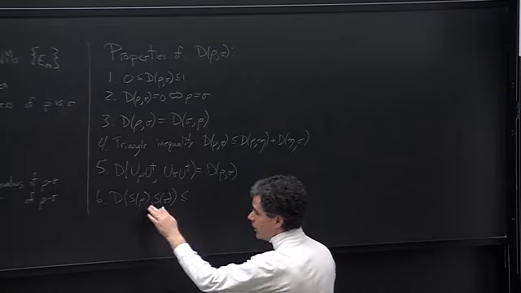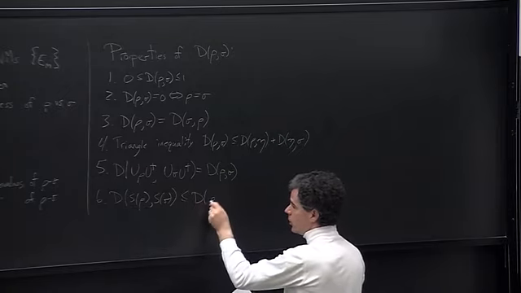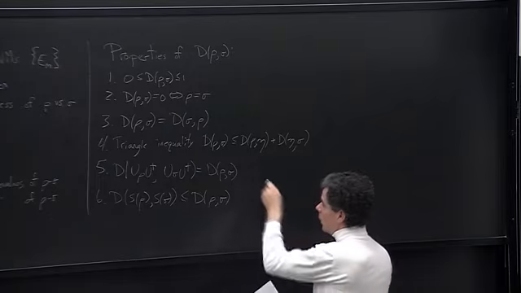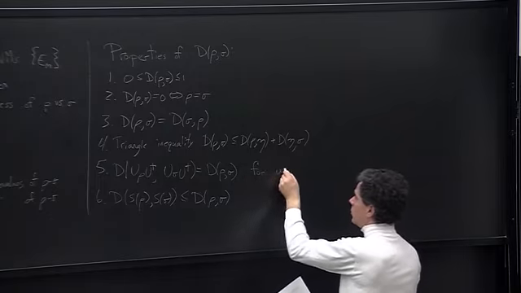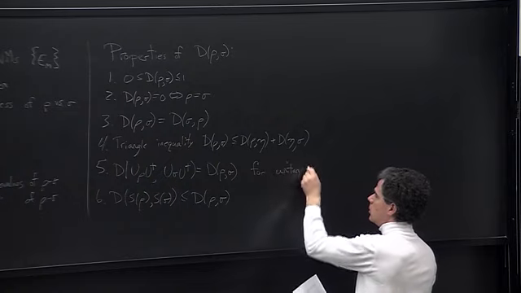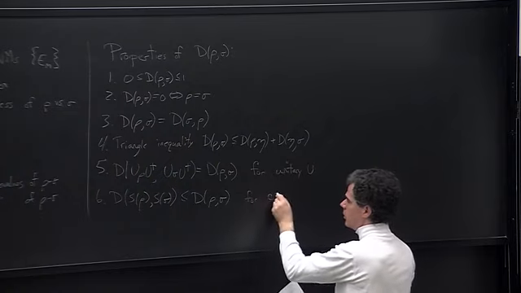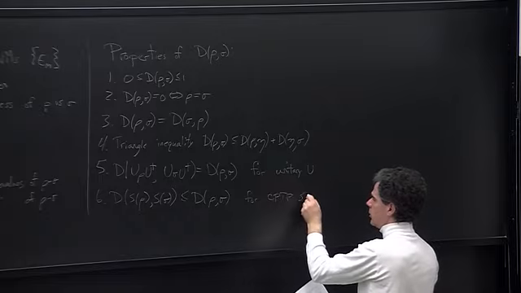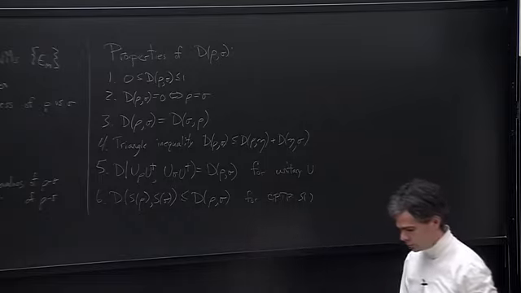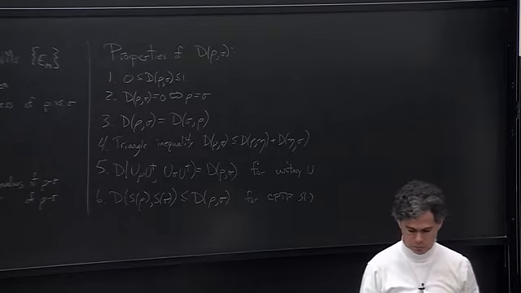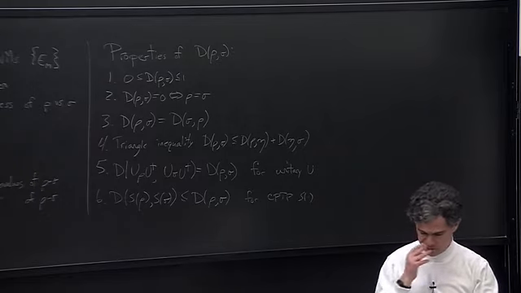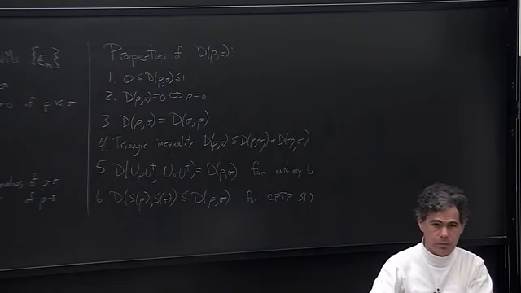So d of S of rho, S of sigma is always going to be less than or equal to d of rho sigma. So this is for unitary U. This is for CPTP S. OK?